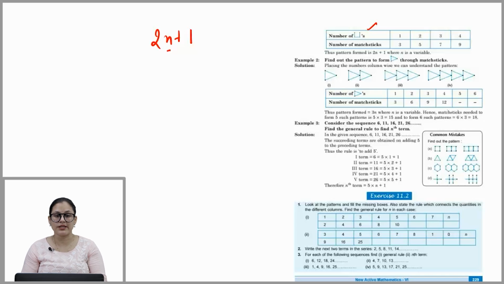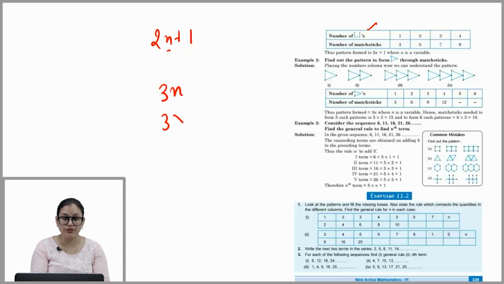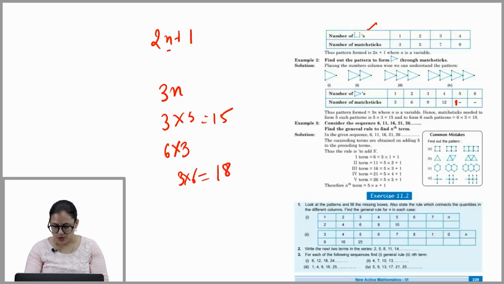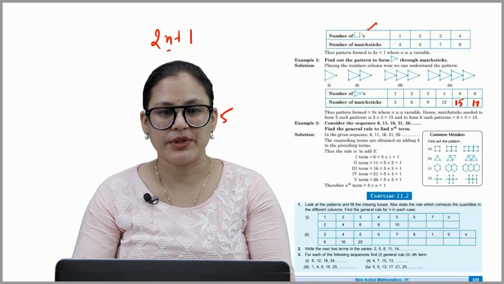The pattern formed is equal to 3 into n, where n is the number of triangles. So matchsticks needed to form 5 such patterns is 3 into 5, that is 15. And to form 6 such patterns is 6 into 3 or 3 into 6, which is equal to 18. So you will get 15 here and 18 here. Similarly, you will do example 3 also.